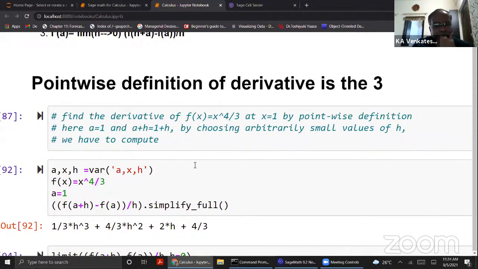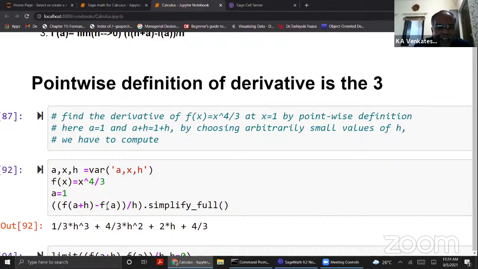What I'm doing is, you remember that we express in terms of h, then we apply h tends to 0, and only the term independent of h will remain. That's what we do in the classroom. If we deploy the same approach, what will happen? So a is some value, because at x equal to 1, the a is 1 as I defined.